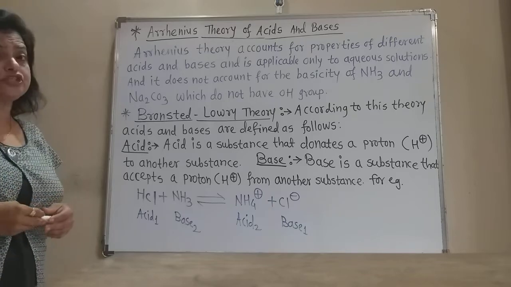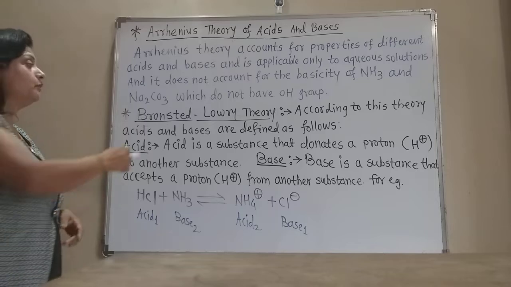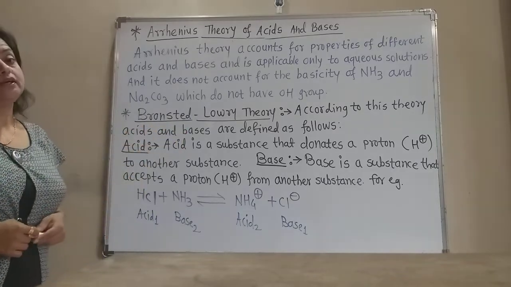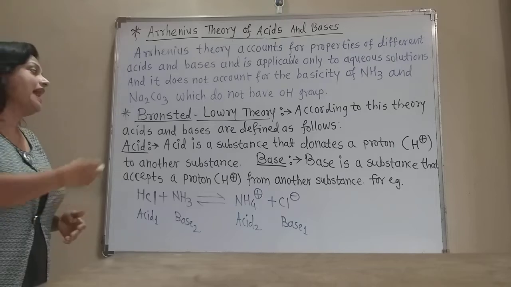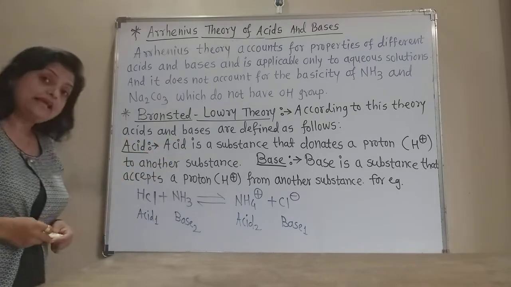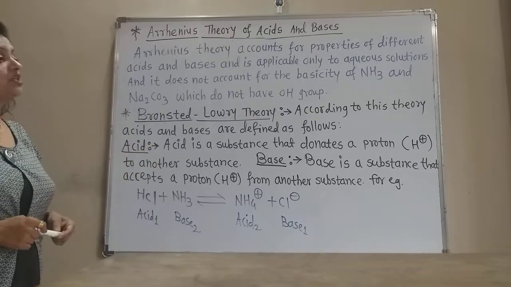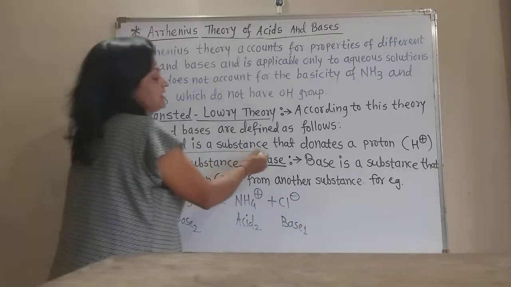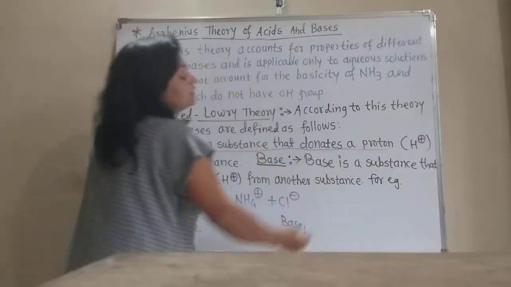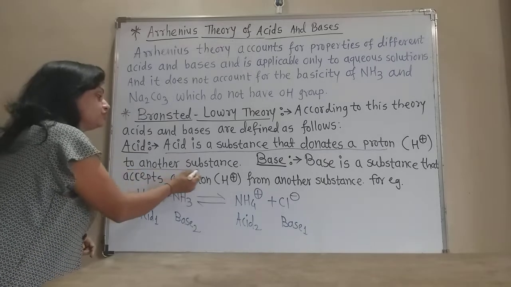To overcome some limitations of this Arrhenius theory, two different scientists, Bronsted and Lowry, worked on acids and bases. And according to this theory, acids and bases are defined as follows. Acid is a substance that donates a proton, that is the H+ ion, to another substance.